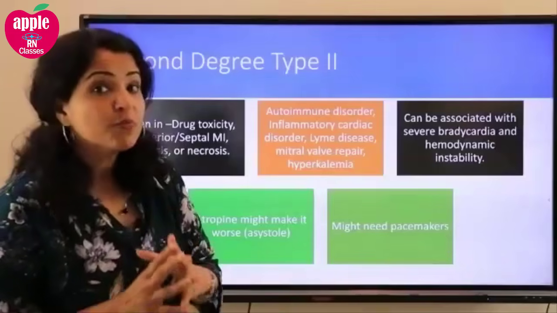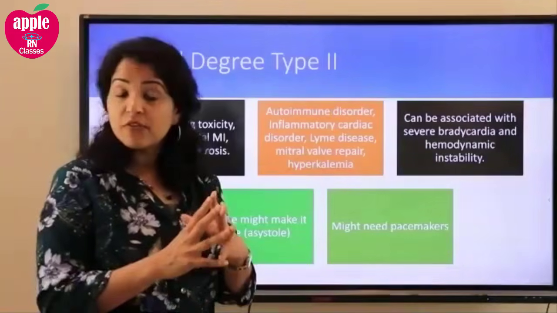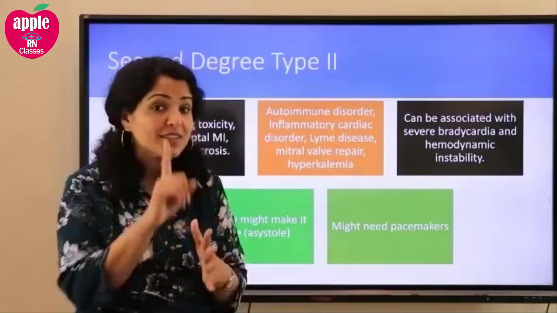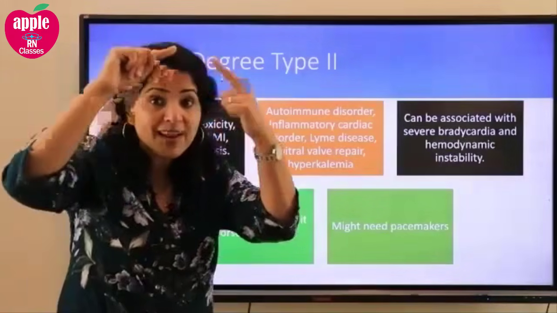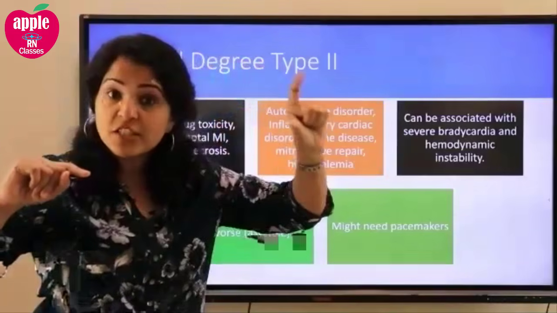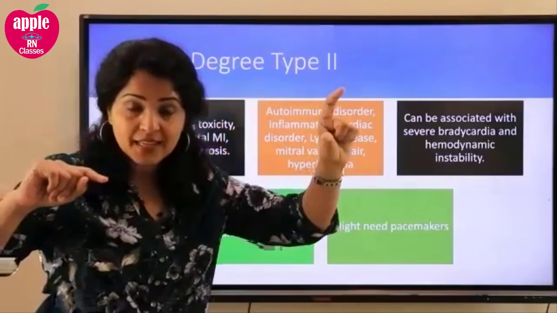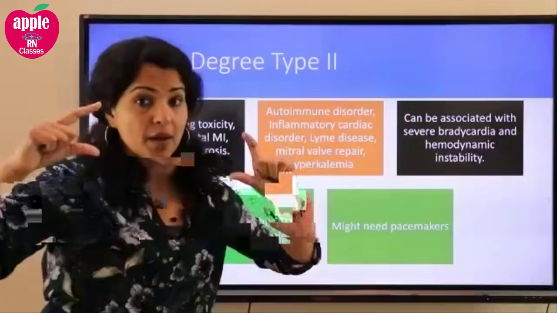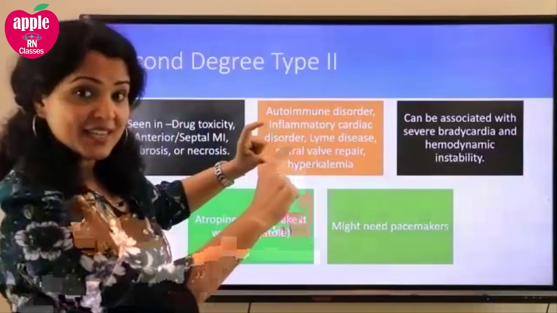So we have to be very careful when assessing the patient, when asking the right questions. We have to make sure that we address that, and we should be able to connect the dots. Oh, this patient is saying he's having fatigue. This patient is saying he is having fainting or dizziness. Maybe let me check the heart rate or the rhythm.